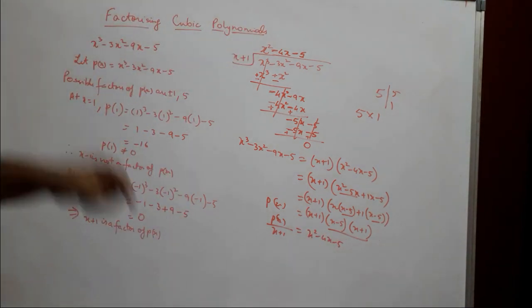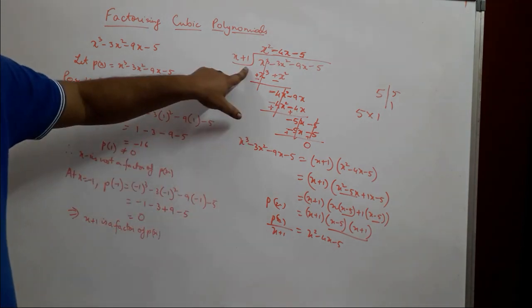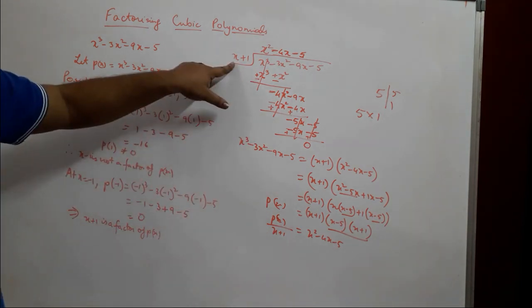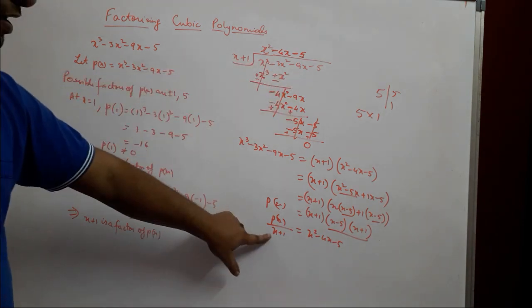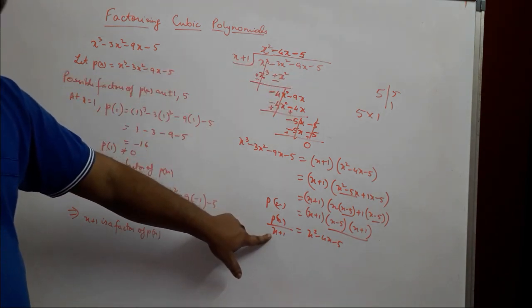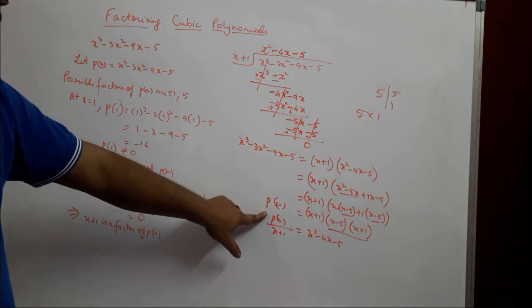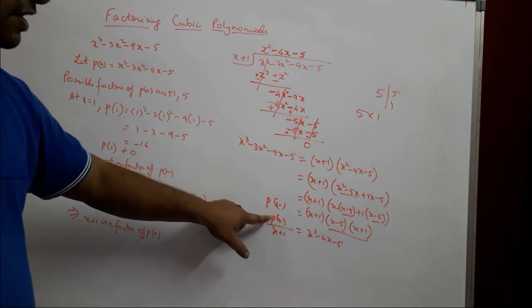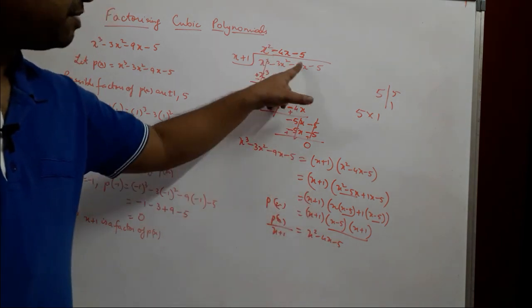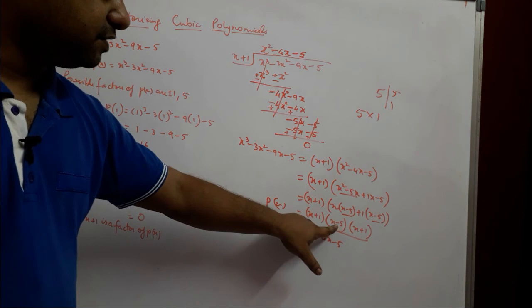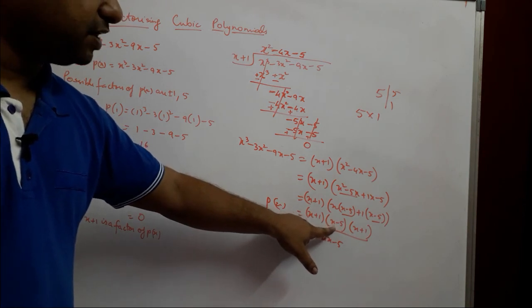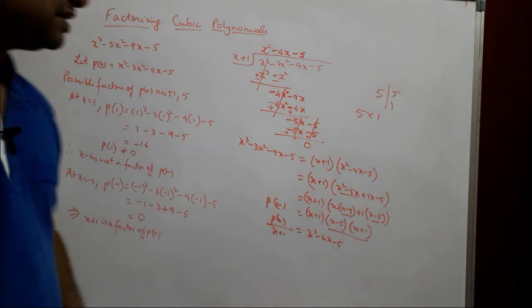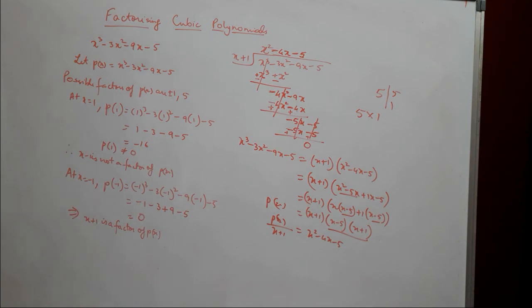Got it? And that is the same thing we are doing here. So we divide, x plus 1 in the denominator becomes our divisor, and p of x in the numerator becomes our dividend. And when we divide this, we get x square minus 4x minus 5, which upon further factorization we get x minus 5 into x plus 1. Okay, so that is the reason why we go in for this long division.